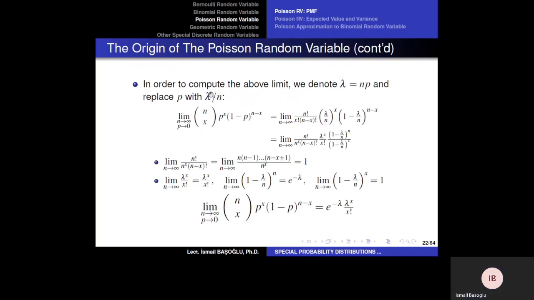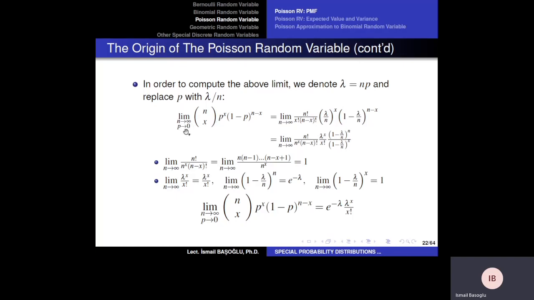Now, in order to compute this limit, we make a change of variable, and we define lambda equal to np. If lambda is equal to np, we can replace the success probability p with lambda over n. So whenever we see a p here, it is going to be replaced by lambda over n.